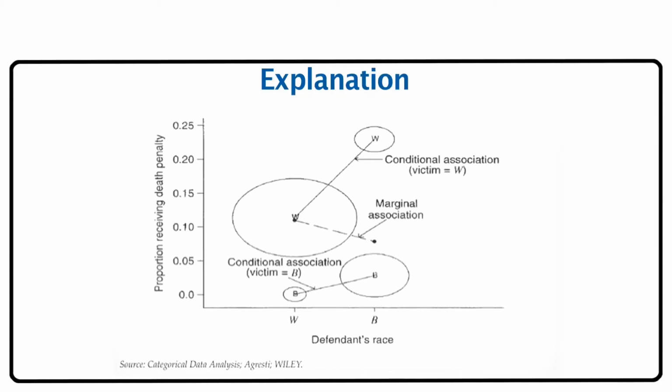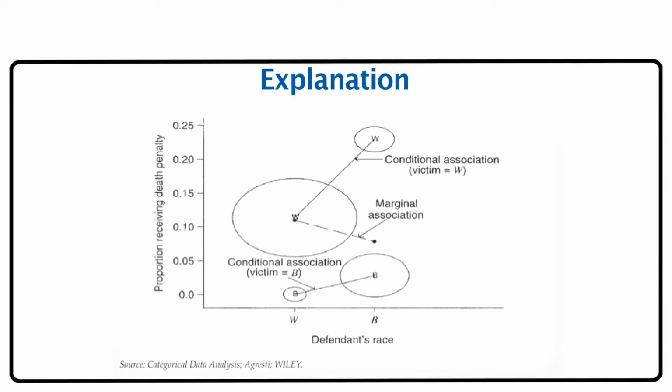For each of the points, I have enclosed it in a circle which is proportional to the frequency of that particular cell in the table. So if we look at the conditional association for the case where the victim was white, we compare the 2 points marked by W, and we conclude that black defendants are more likely to be awarded the death penalty.